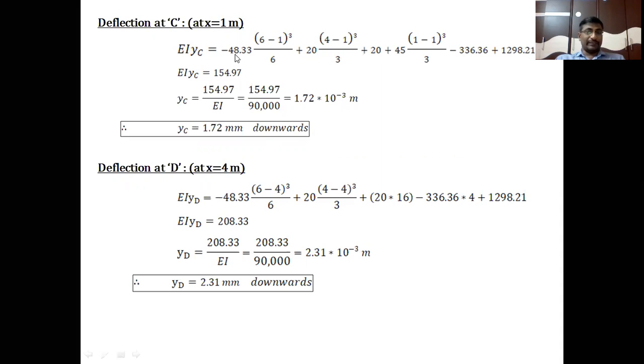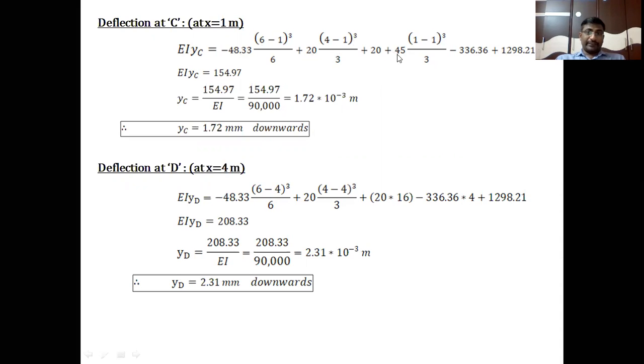EI YC equal to minus 48.336 into 1 minus 1 whole cube by 6 plus 20 into 4 minus 1 whole cube by 3 plus 20 into x square is there. 20 into 1 square is 20, plus 45 into 1 minus 1 whole cube by 3, minus C1 into x is there, 336.36 into 1 plus 1298.21.